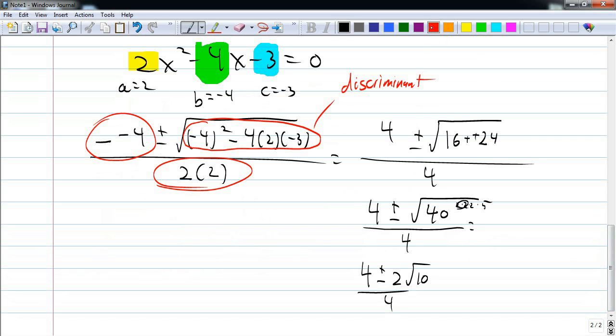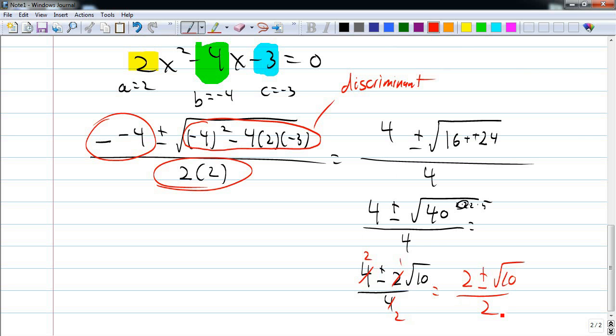Now I can't cancel these 4's, but I can reduce everything in the numerator by 2 and cancel that with one of the 2's in this 4 here. The rule for canceling something that is added is that I have to cancel each term exactly the same way. So I can't do that, that's illegal, but I can cancel by 2, cancel with 2, cancel with 2. That'll give me 2 plus or minus square root of 10 over 2.